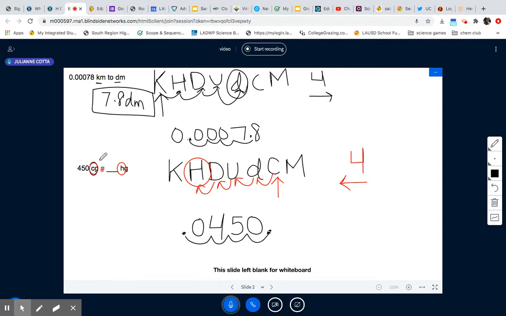Okay, so 450 centigrams equals 0.0450 hectograms. Make sure always to put your unit. If you do not have a unit, then your answer is not right. You always have to have a unit so we know what you're talking about. So there's your final answer. 450 centigrams equals 0.0450 hectograms.